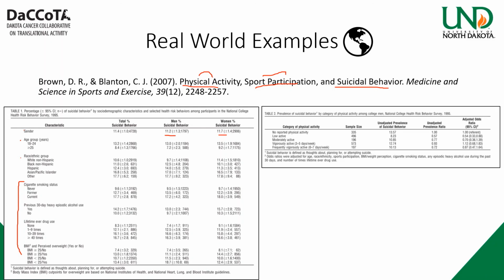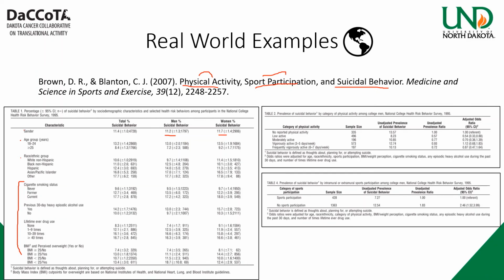And then this is the type of results that you would have. They did men and women. I'm just showing men. You can see here, these are different categories of physical activity, sample size, but here's that odds ratio we saw again. You can see here that no physical activity is a reference. You see that low active physical activity is actually significantly lower, because we can see it's lower, and then the confidence intervals are below 1.